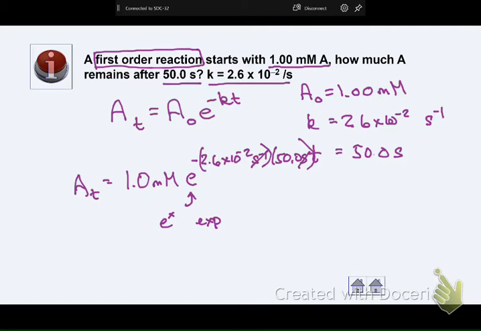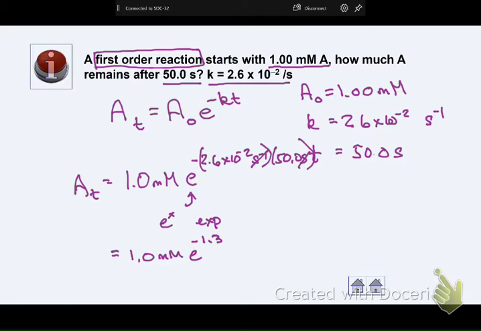I get 1.3. So I'm just going to rewrite this. You should end up with something like that.